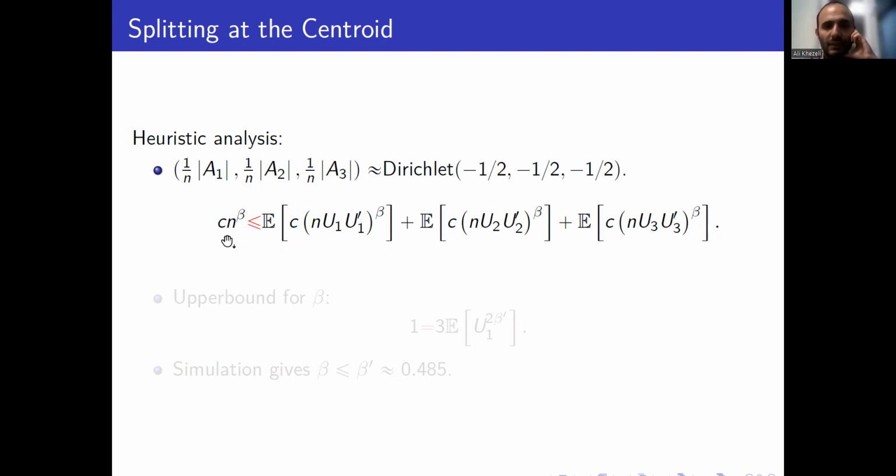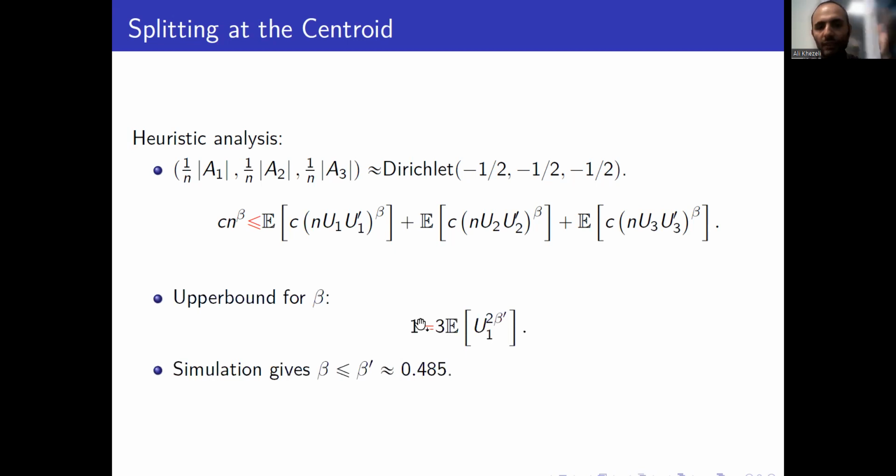So the reason is that we started with a tree such that no special leaf is selected, but in the next levels we have a special leaf. If we replace this inequality by an equality, there is no reason for that, but if we do this, we obtain the value of beta prime is 0.48.